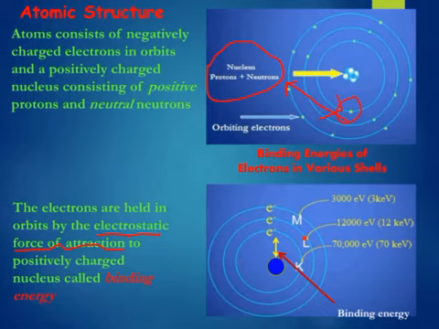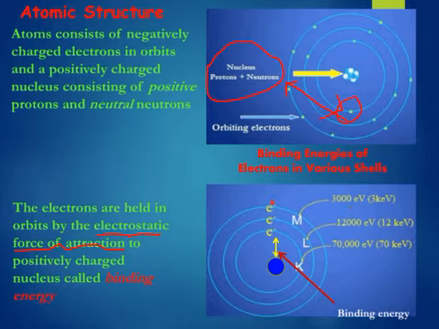If I want to remove an electron from the L shell, I have to give an energy of more than or equal to 12,000 electron volt. Likewise, I have to give 3,000 to remove an electron from the M shell.